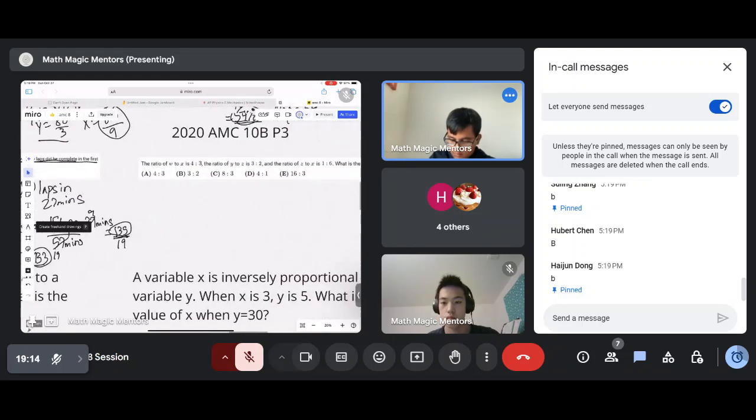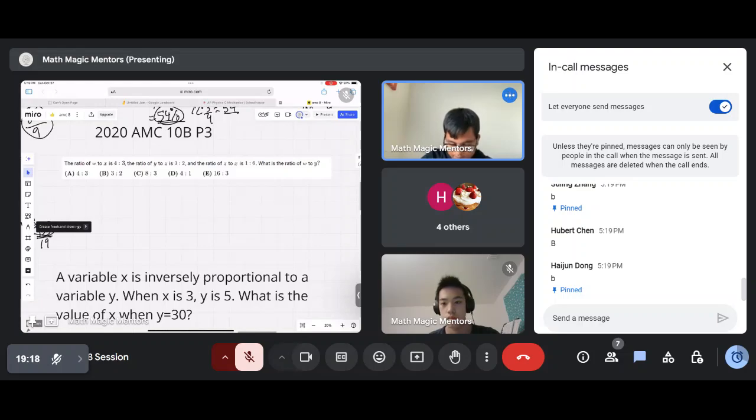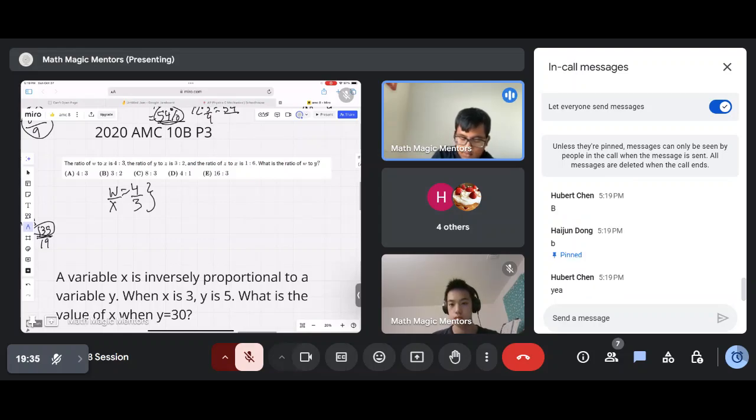All right. This is a bit more challenging. So it says that the ratio of W to X is 4 over 3. So by the way, is everyone fine with me writing proportions like this, or ratios like this as fractions? It just says that the ratio of W to X is 4 to 3, right?